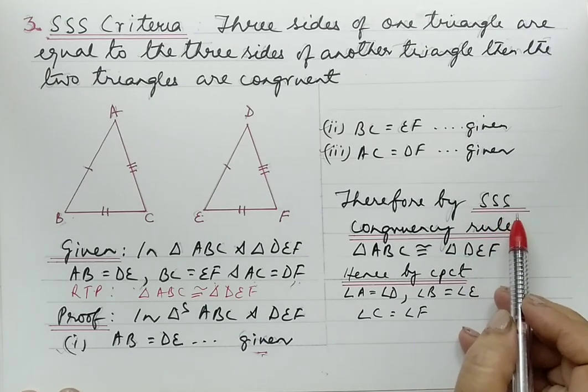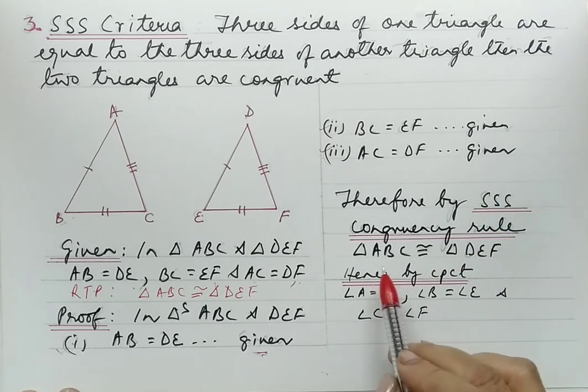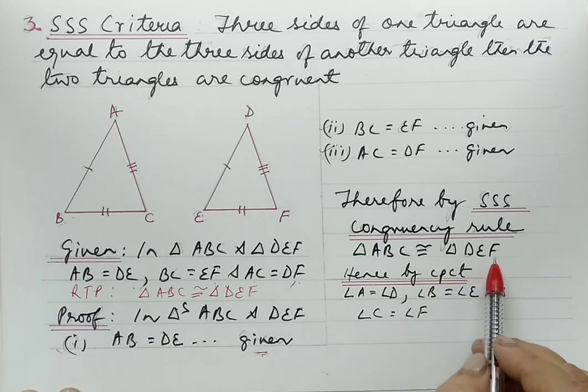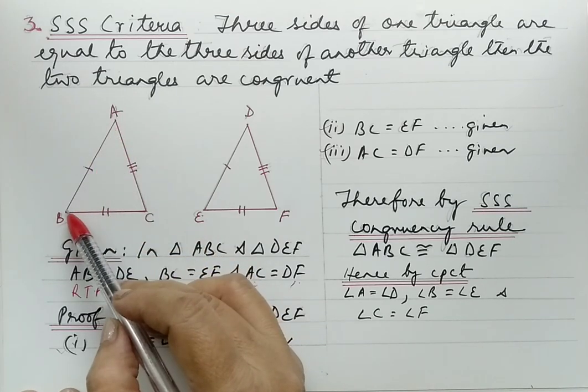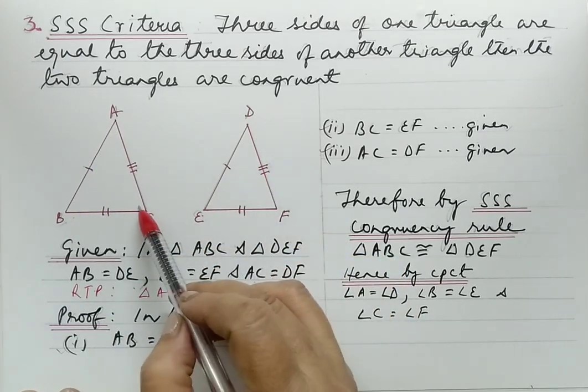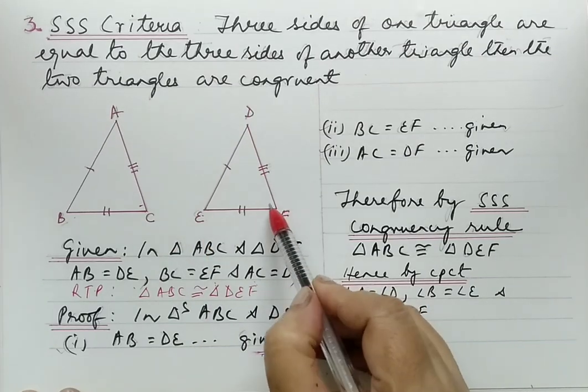Therefore by SSS congruency rule, triangle ABC is congruent to triangle DEF, and by CPCT we know that since this is equal to this, which means this must be equal to this.